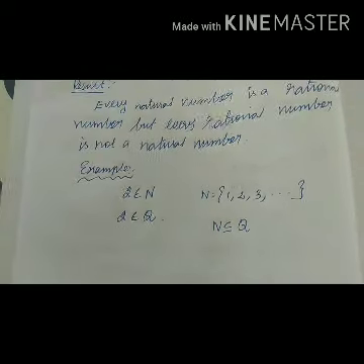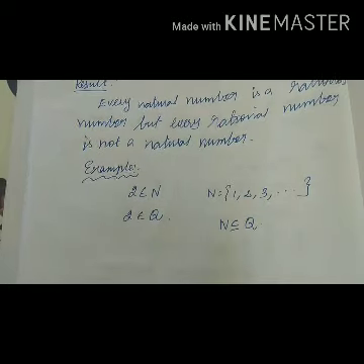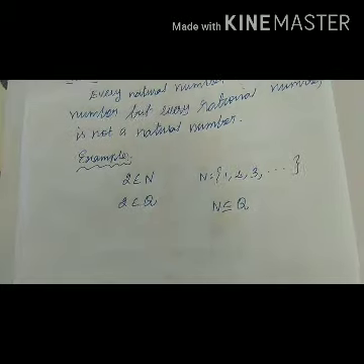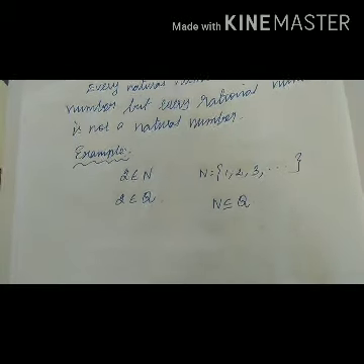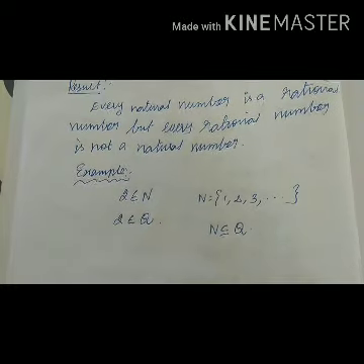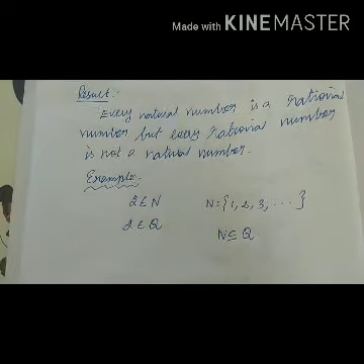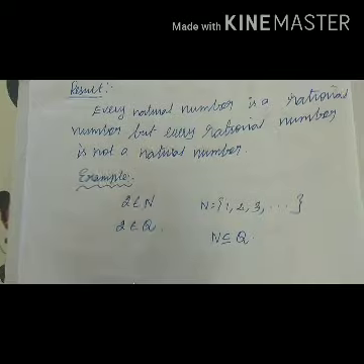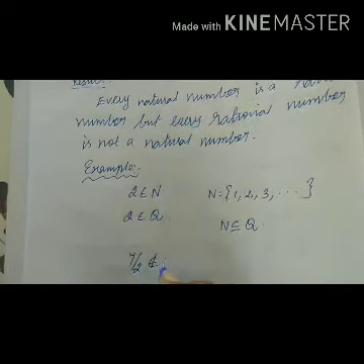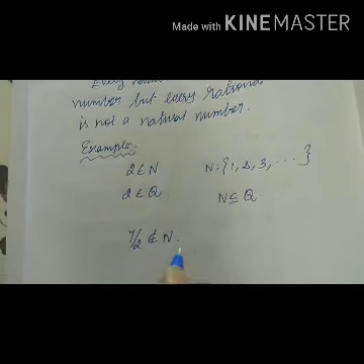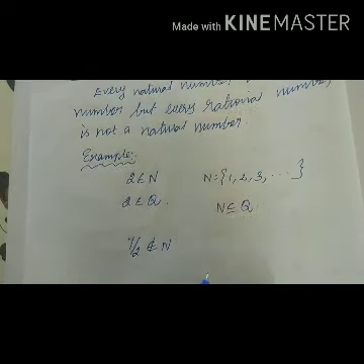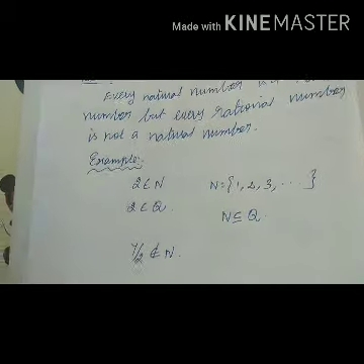Every natural number can be written in the form P by Q, that is, 3 means 3 by 1, 4 means 4 by 1. Therefore, every natural number is a rational number. And you can choose the rational number 7 by 2, which does not belong to N. Therefore, every rational number is not a natural number. Clear?